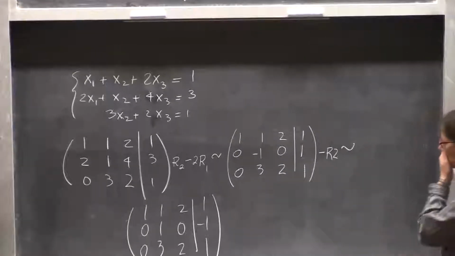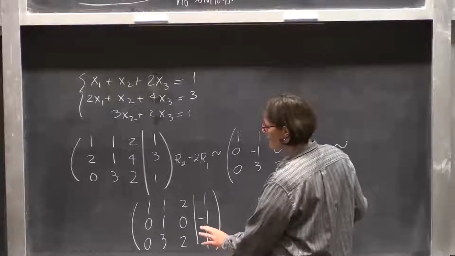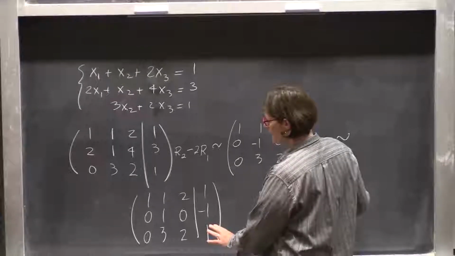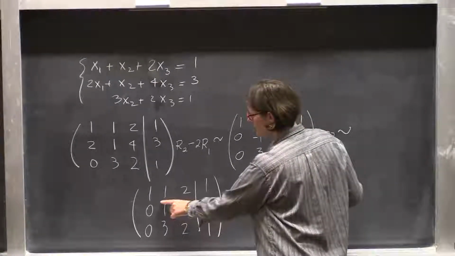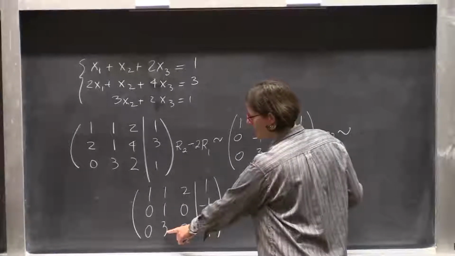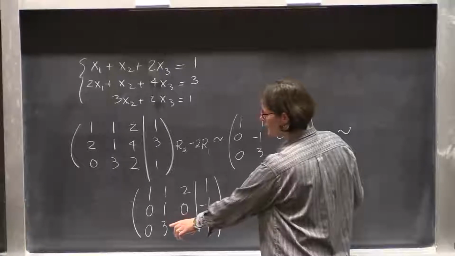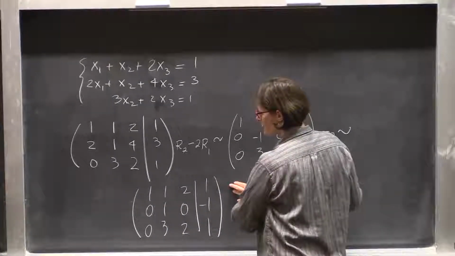Now, I have two choices. One choice is I could use this to knock out this 3, and then I would get a system of equations where this equation involves x1, x2, x3.